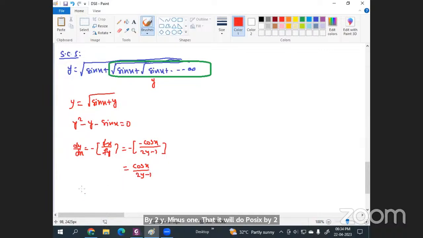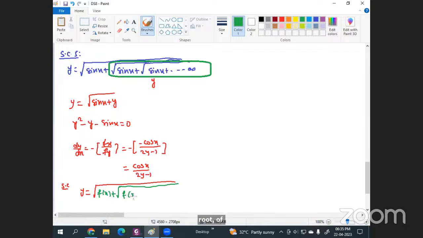Right, now here I will tell you the shortcut. y equal to root of f of x plus root of f of x plus root of f of x plus so on up to infinity.